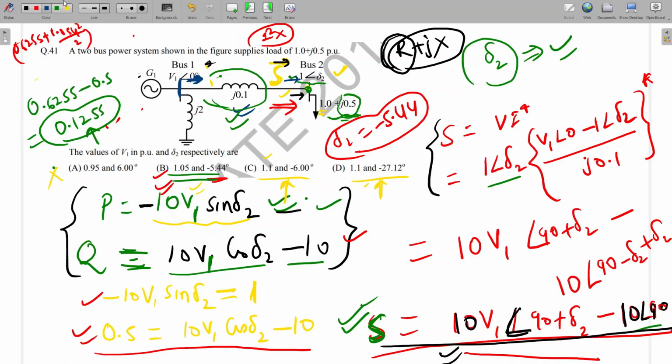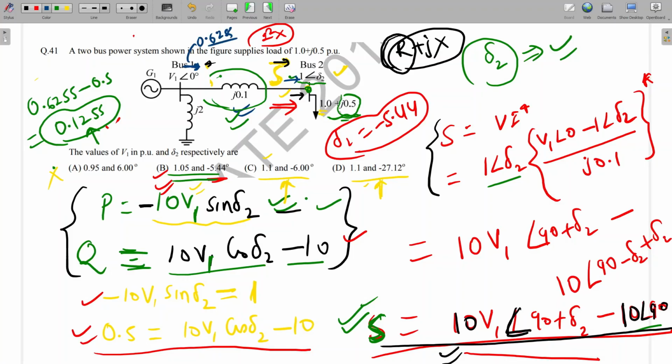That gives the reactive power supplied by this node in this direction. But if the question asks for the source reactive power, it will be this plus this. So 0.625 is supplied by this side.